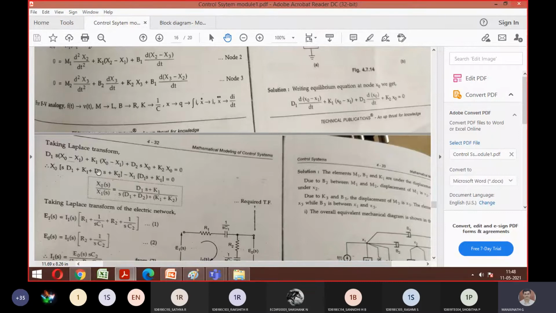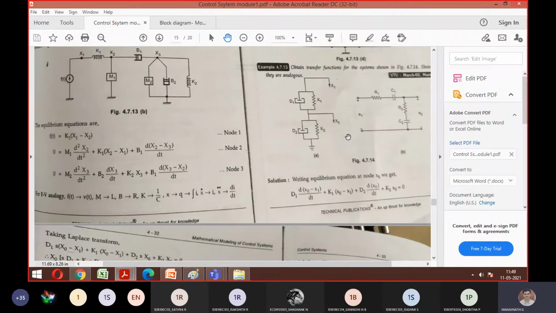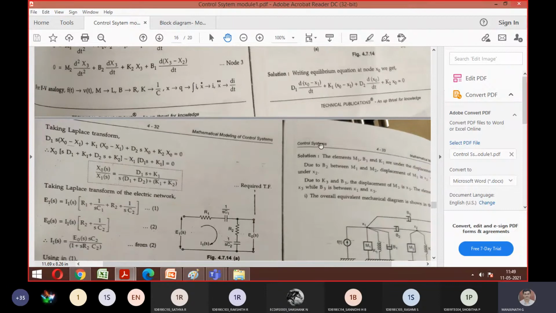Then you can take the ratio, output by input. Since X0 is given towards the ground, they have chosen X0 as the output here. So output by input is the ratio we want. Is it okay with this? It is just simple; if you know how to do the transfer function, then it will be very, very easy for you. Output by input. Is it okay?